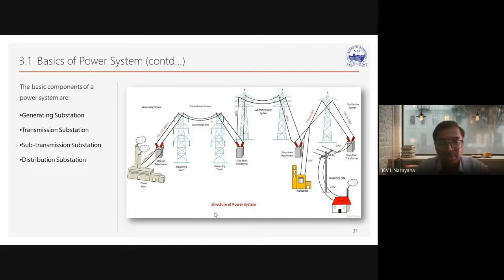There are step up and step down transformers which are used to transmit the power from generating stations to the loading centers. And there are distribution lines which are used to give the power to nearby homes or industries. So there are various components involved in this power system. Then what may be the role of optimization here?